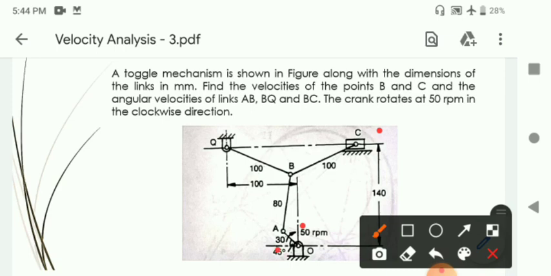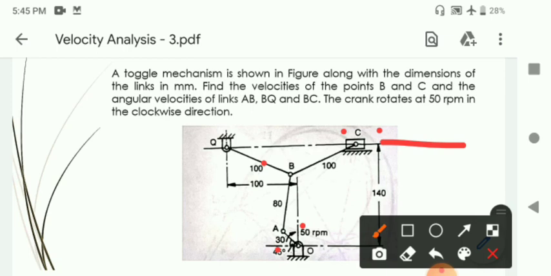It is having a purely rotational motion. Similarly, the link BQ, where Q is the fixed point, also will undergo a rotational motion about Q. The slider C will have a translatory motion along the x-axis.